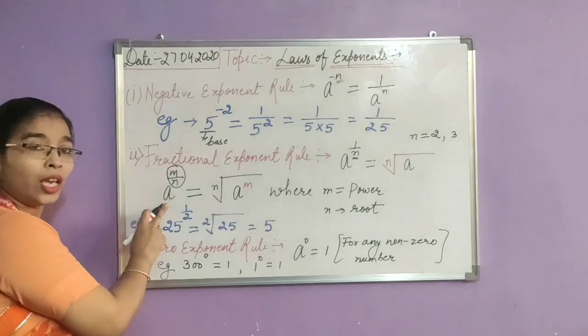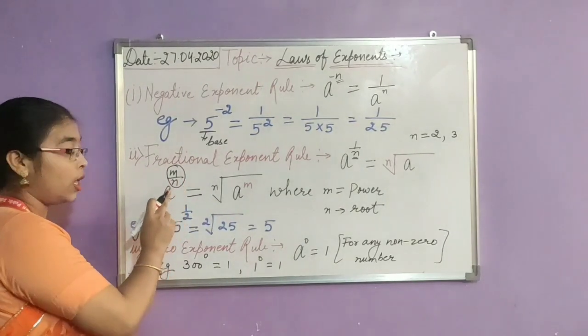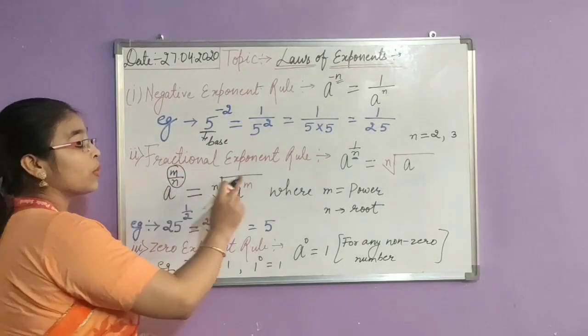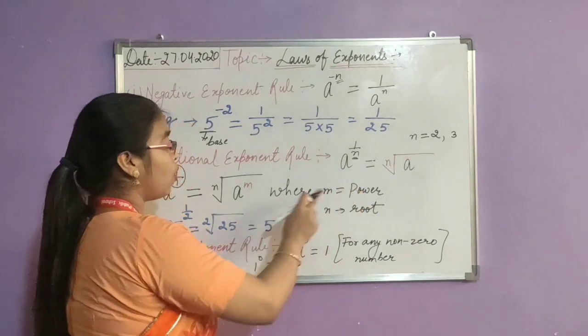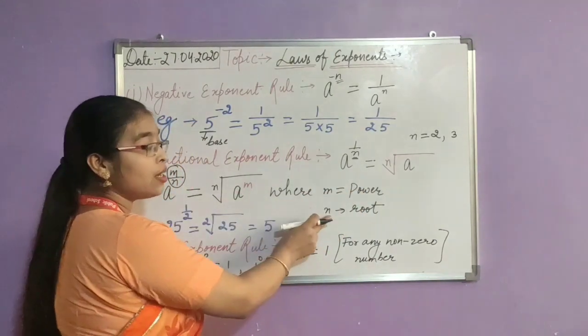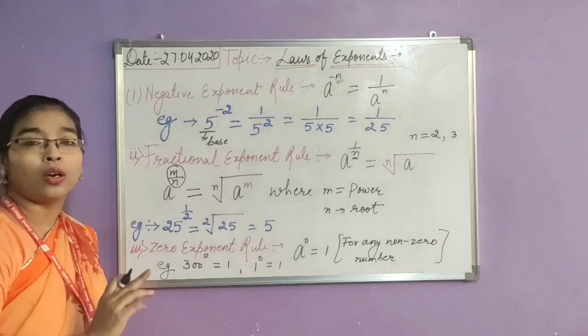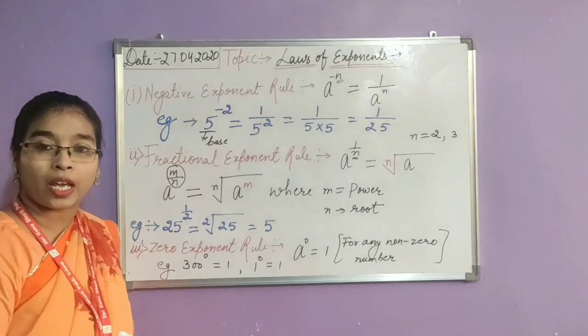Here we are having a raised to the power m upon n. So here m represents the power of the base and n is the nth root. n represents the root. If here we have n, that will represent the nth root.